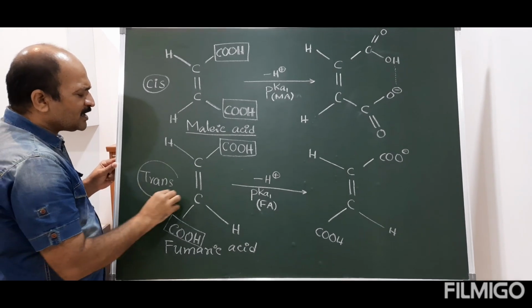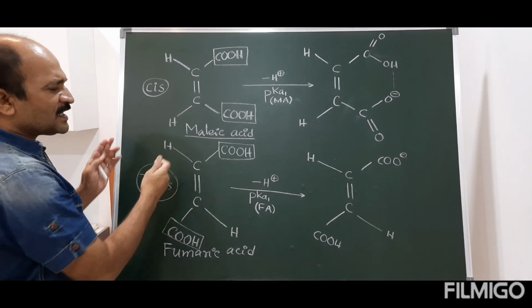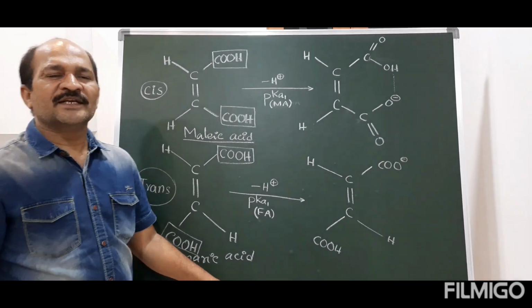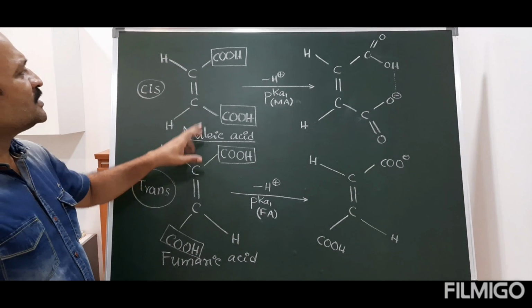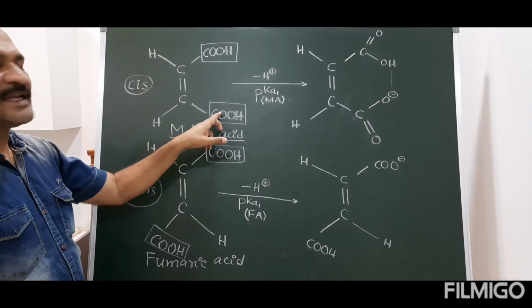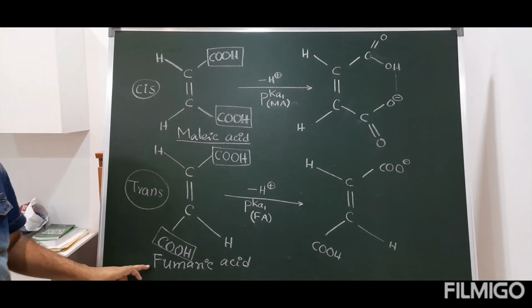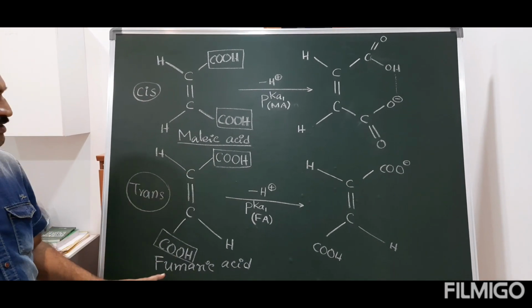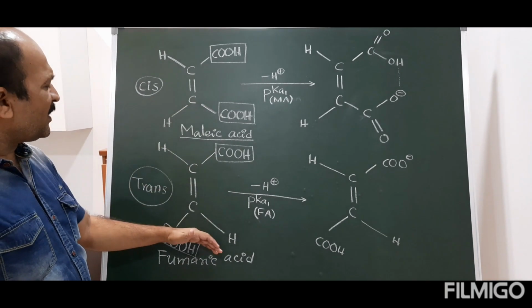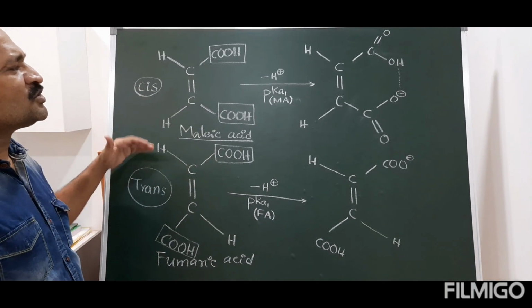So these geometrical isomers, or cis-trans isomers, can influence the acidic strength of the carboxylic acid. The cis isomer of this structure is called maleic acid, and the trans isomer of the same structure is called fumaric acid. So maleic acid and fumaric acid are cis-trans isomers, geometrical isomers.